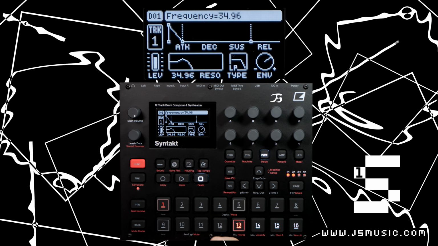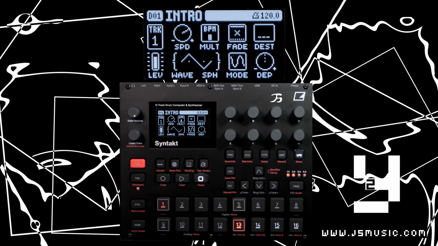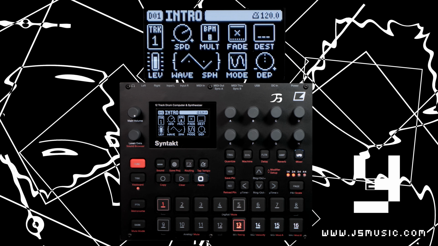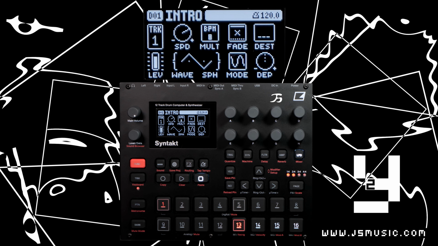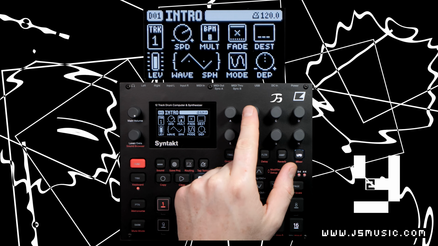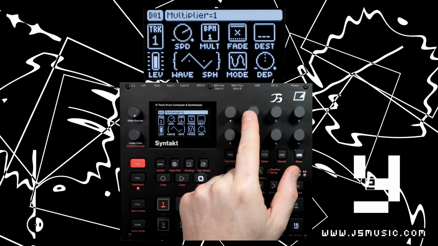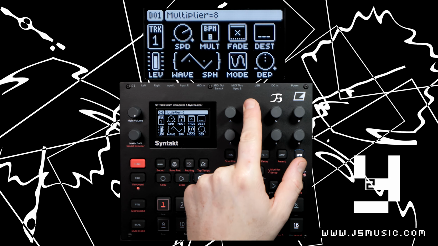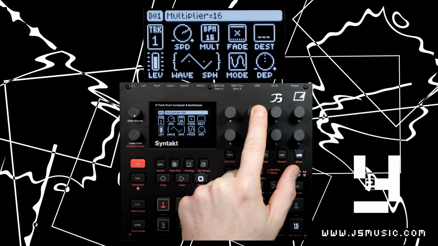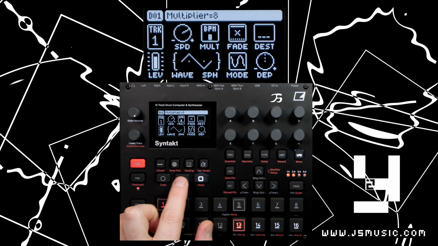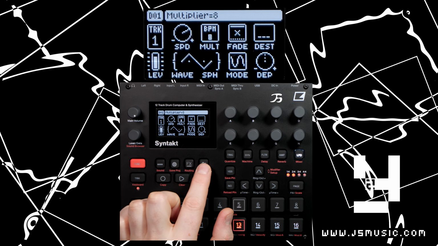Multi, or MULT. Multiplier multiplies the speed parameter by the set factor, by either multiplying the current tempo BPM setting or multiplying at a fixed tempo of 120 BPM. So what this means is, if we have BPM written above the number, it is going to multiply by whatever BPM we have set on the tempo page.